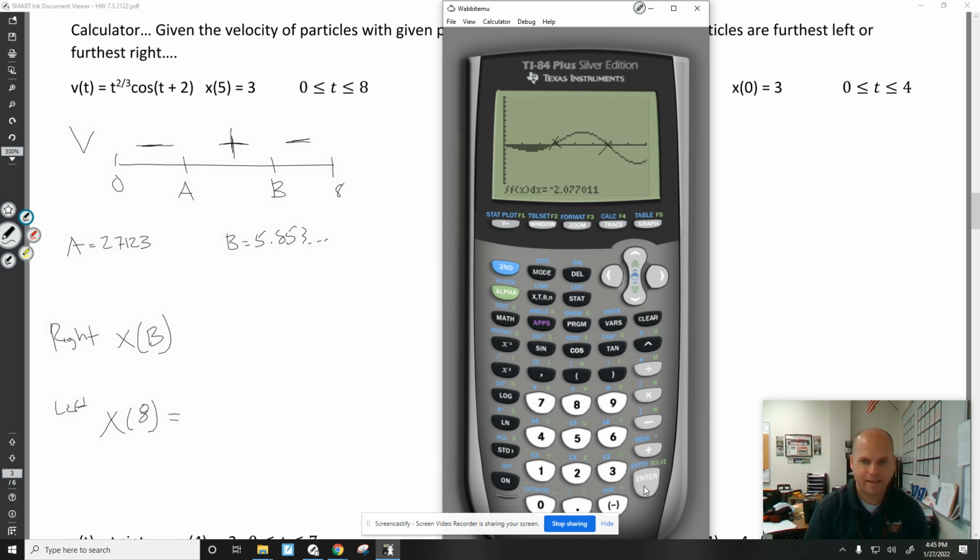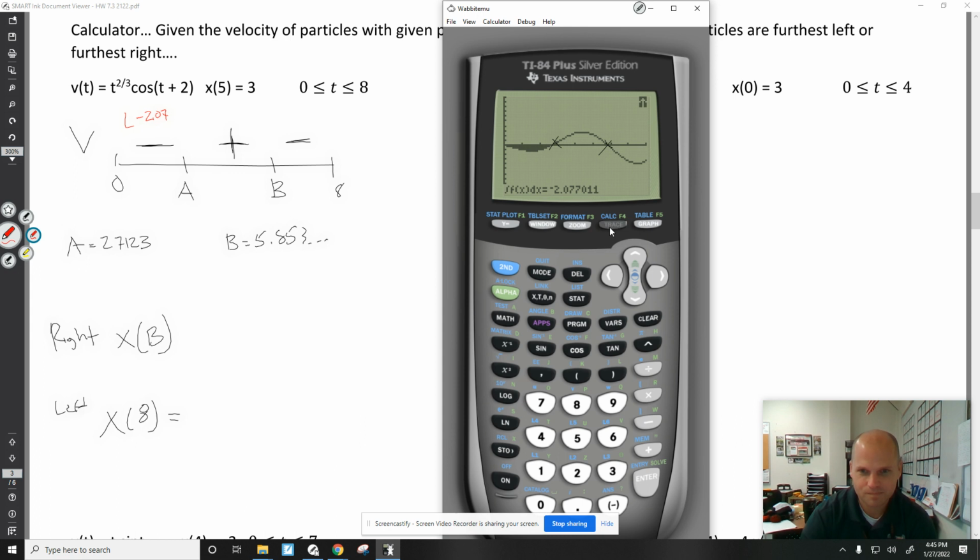How far I went left. I start, I have a position at time 5. Oh boy, brother. Well, at least we'll be able to know what my answers are going to be, but then finding the positions are going to be annoying. Why did I do that? I should have given you x of 0. Okay. Well, I went to the left 2.07.